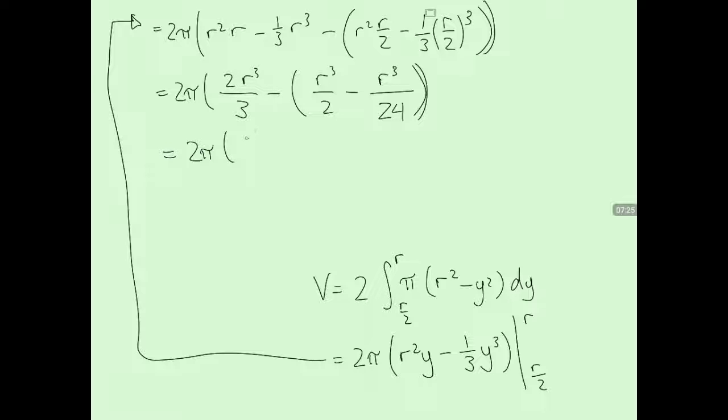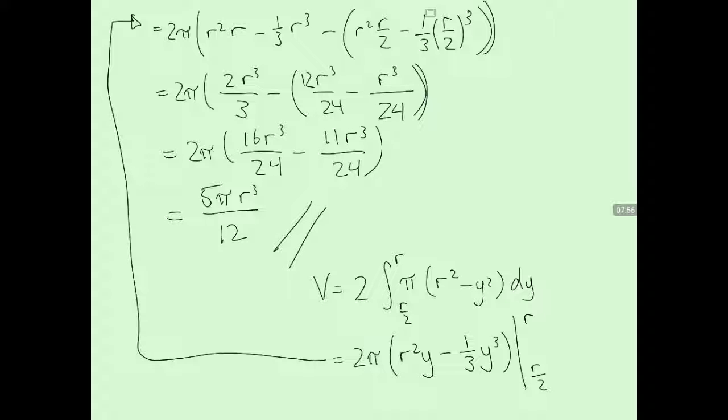So this is going to be 16r cubed over 24 minus, so we can imagine this as 12r cubed over 24 minus 1r cubed over 24, so that's 11r cubed over 24. So these 2's can make this 24 go to 12. So then what we're going to get is 5 pi r cubed over 12.